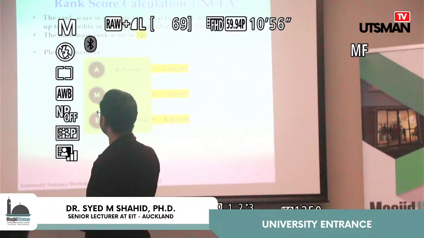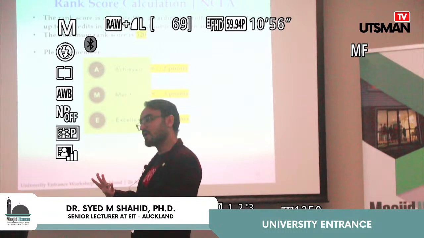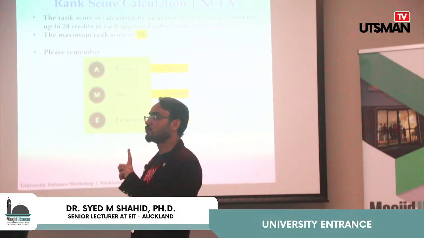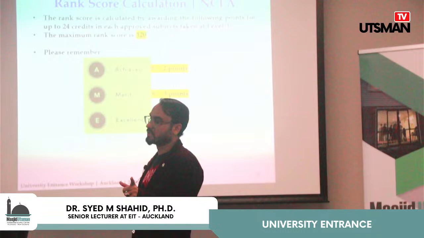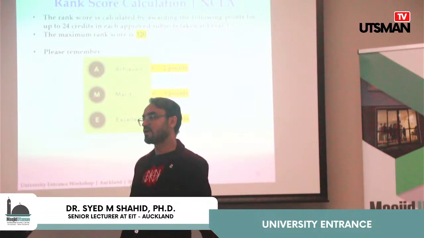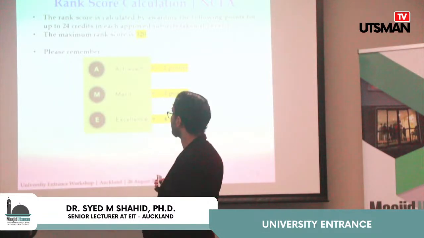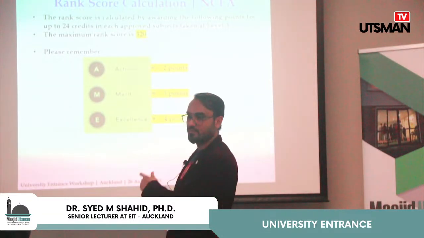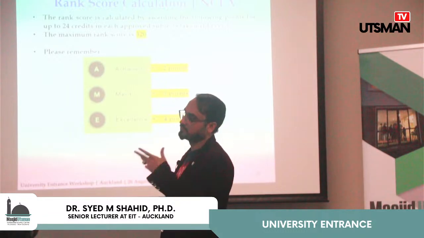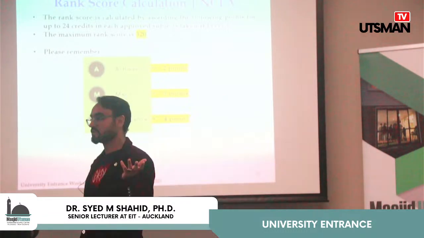So they only calculate 24 credits out of 80 and they only calculate up to 320. If you are a really brilliant student, if you have been given all the credits with excellence, then only you have 320. If you are that kind of a student, you can easily get into university.